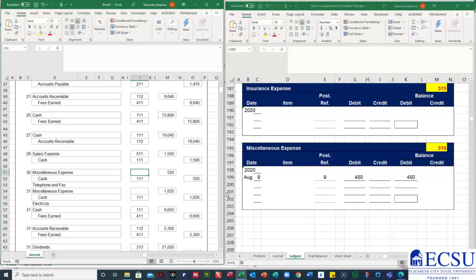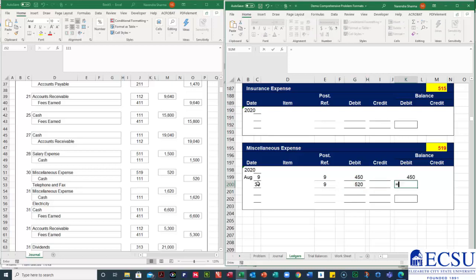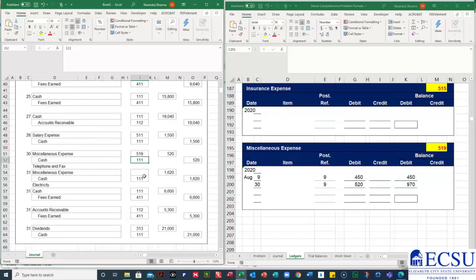Here it is on the 30th. I'm going to write 519. This one is on the 30th, and the posting reference is page 9. The amount is 520. My balance is going to go up, 450 plus 520 will give me 970. And then I'm going to look for another miscellaneous.